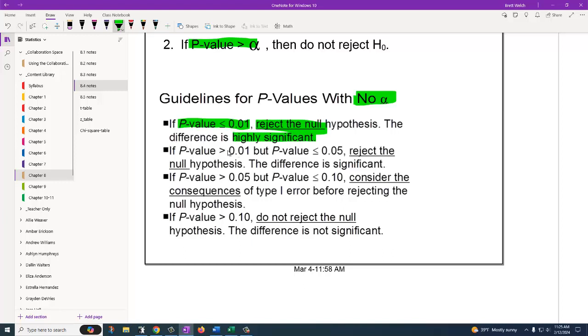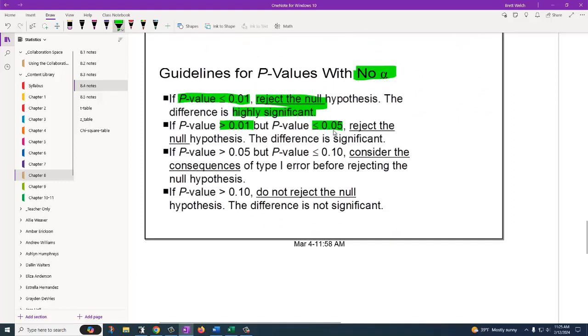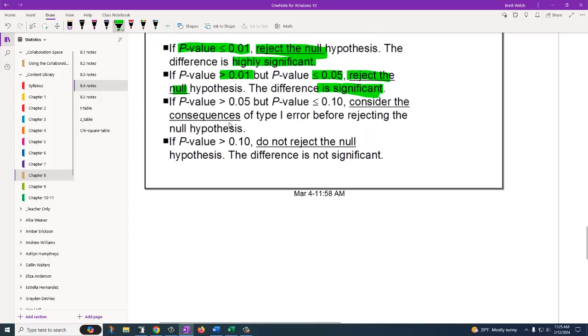However, if the p-value is between 0.01 and 0.05, and again, nobody's given us an alpha, if someone gave us an alpha and said it was 0.01, we follow the guidelines above for when alpha is given. But when it's not given, if we're between 0.01 and 0.05, we can choose to reject the null because there is a significant difference. It's not highly significant, but it is significant.